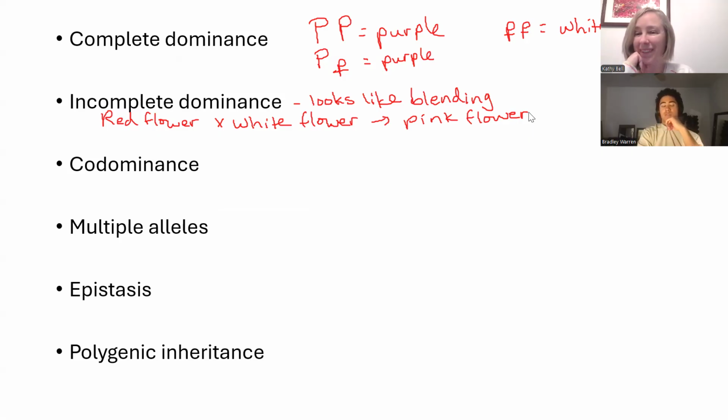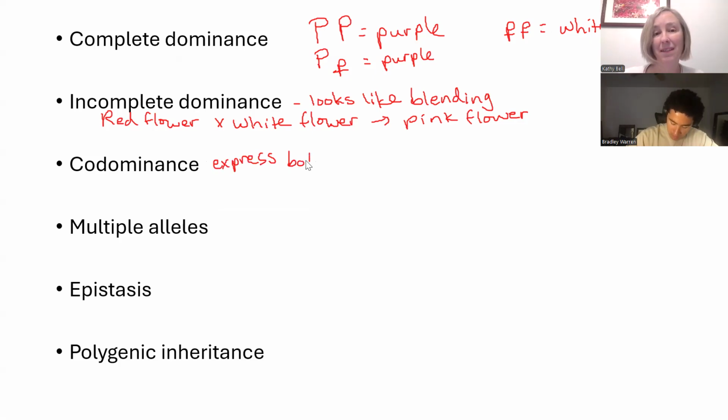Okay, what about codominance? What would that be? Doesn't that look like both are present, like a flower with red and white? Yeah, so with codominance, you're going to express both alleles, so you would see both colors.